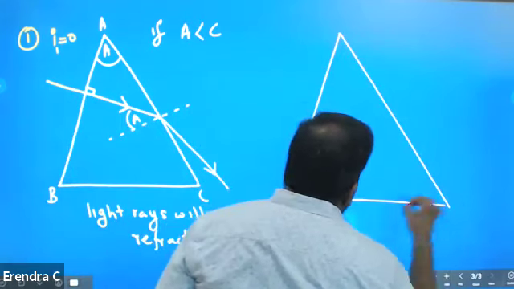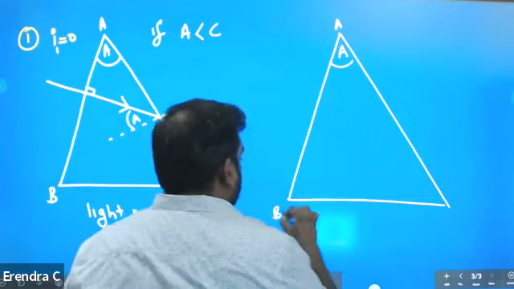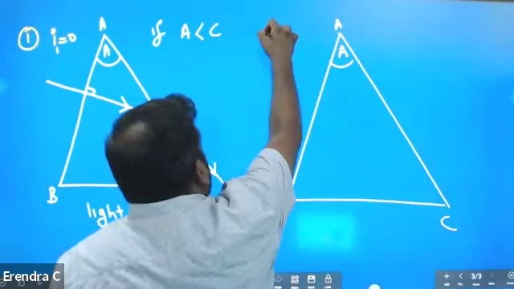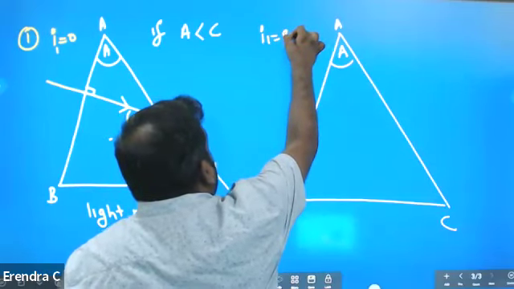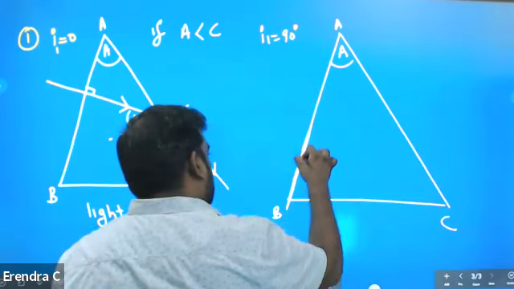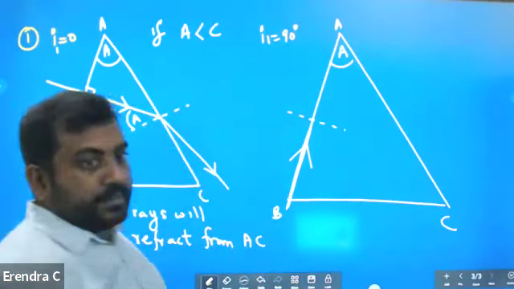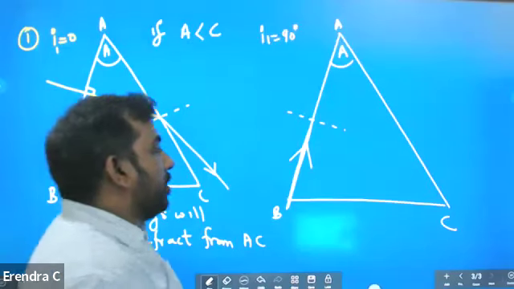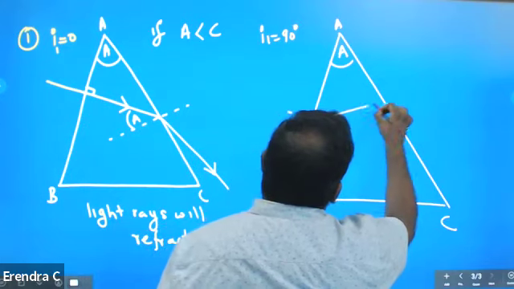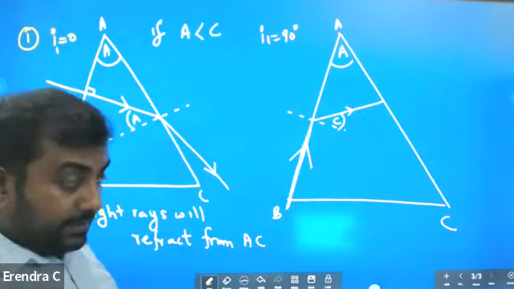Now, if you take I1 equals 90, light rays coming along the boundary, guaranteed by reversibility of light.